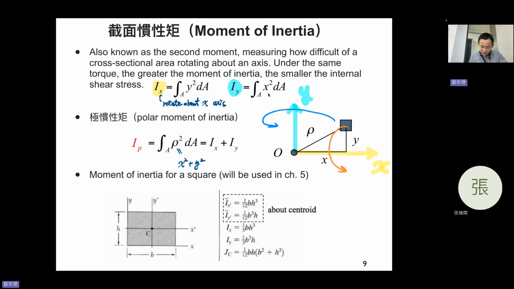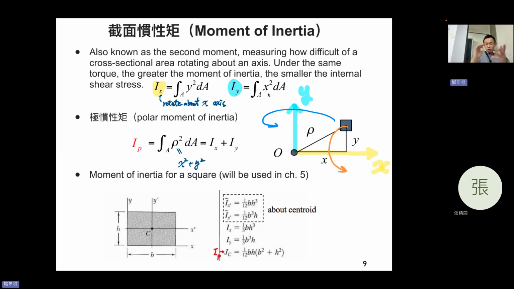Although here it was written down as J, it should actually be IP. In different textbooks, they will have different symbols. Don't worry about that.